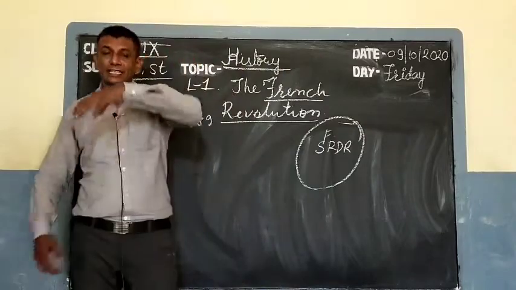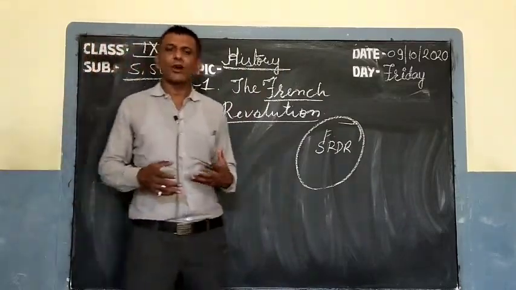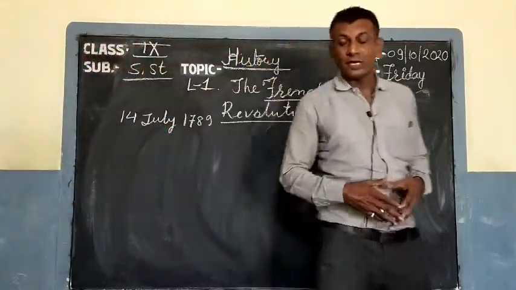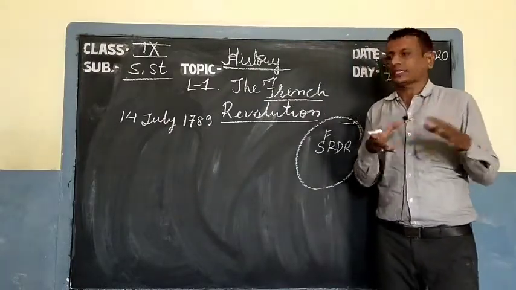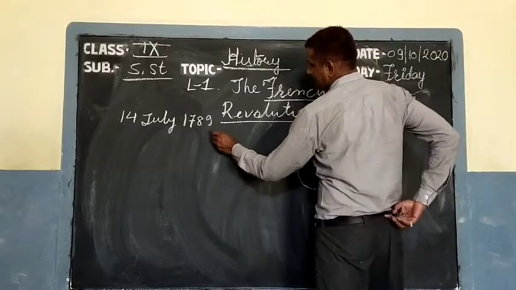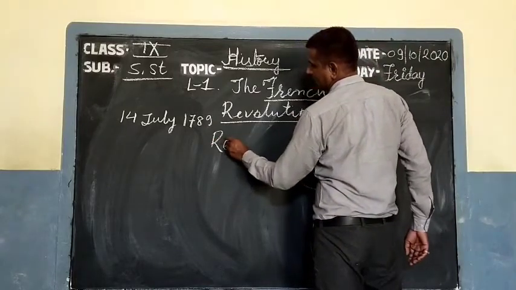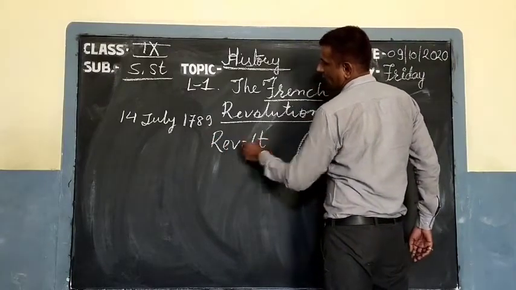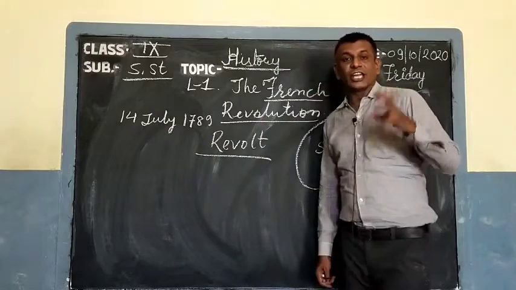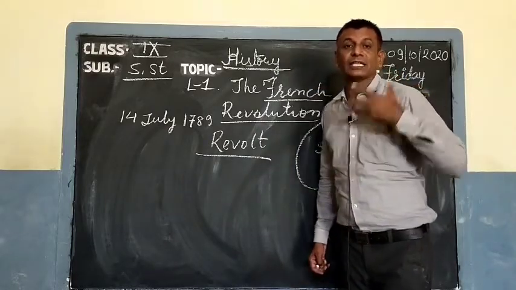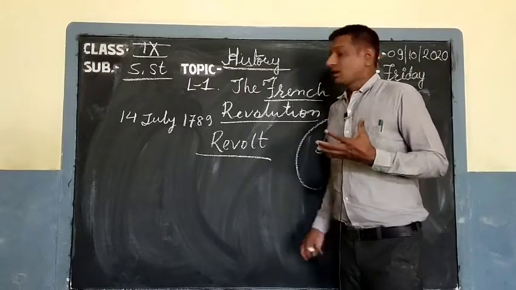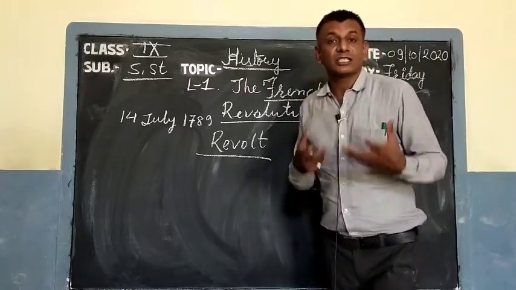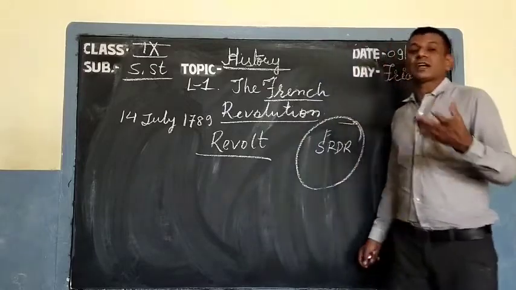If that takes a wide, massive form, then it can become revolution. It means something changes, revolt. Revolt means change, bringing positive change, and people bring the positive change. That takes revolution.